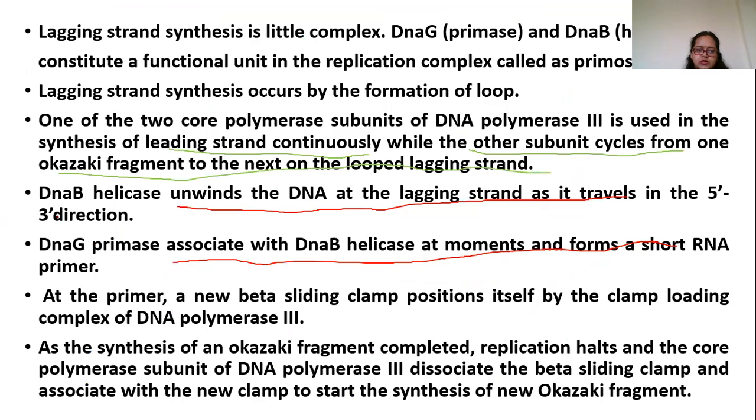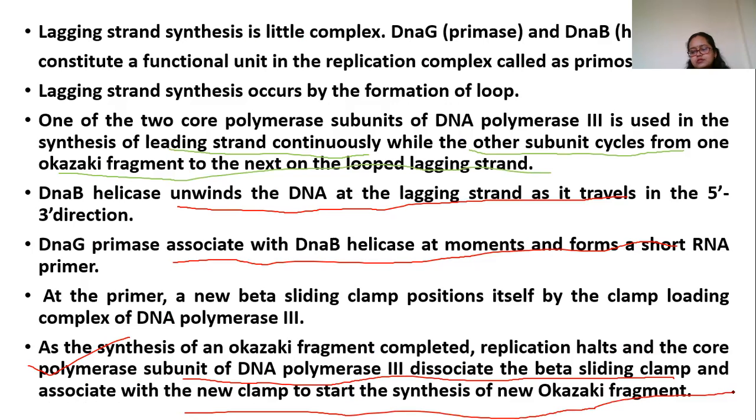As the synthesis of an Okazaki fragment is completed, replication halts and the core polymerase unit of DNA polymerase III dissociates from the beta sliding clamp and associates with the new clamp to start the synthesis of new Okazaki fragments.